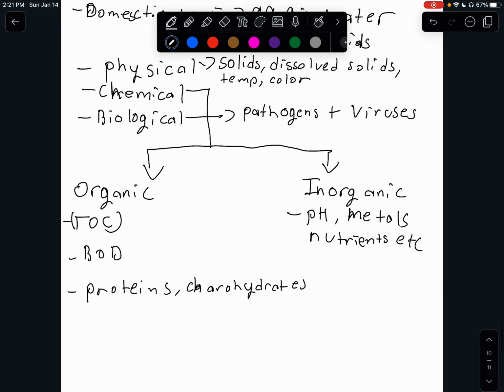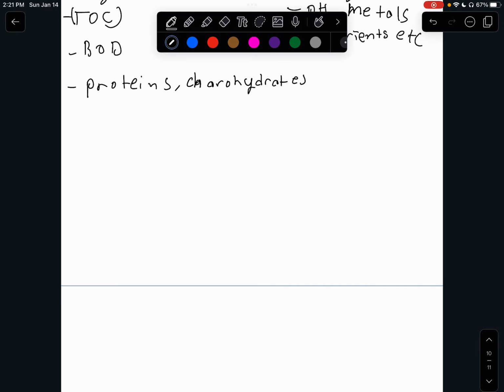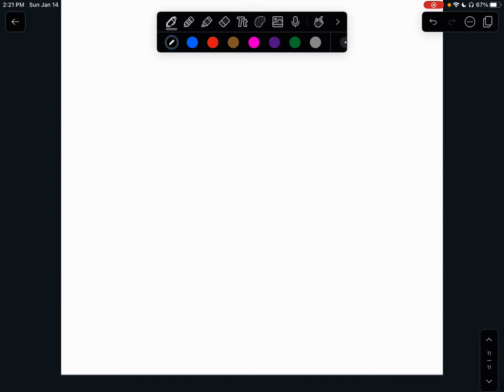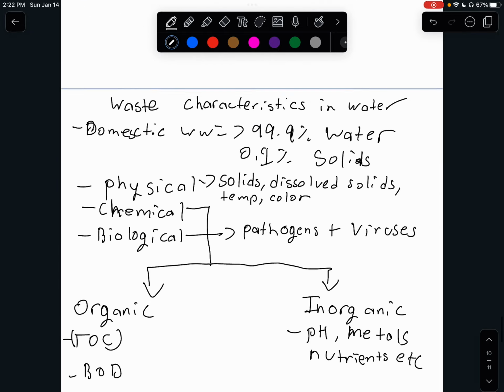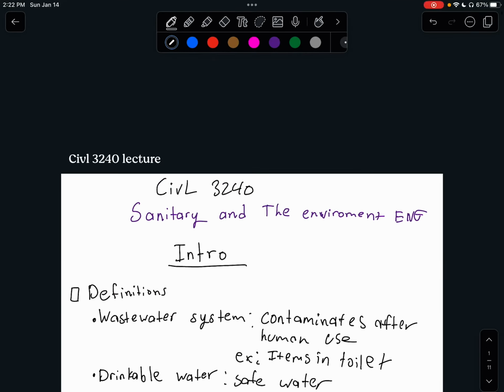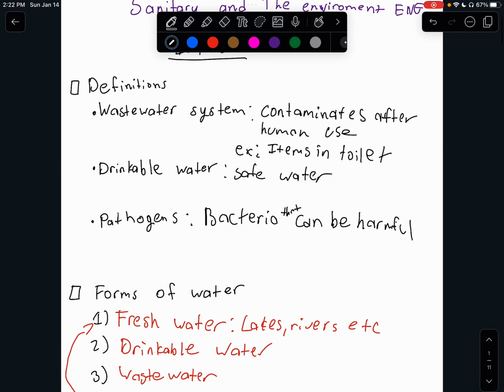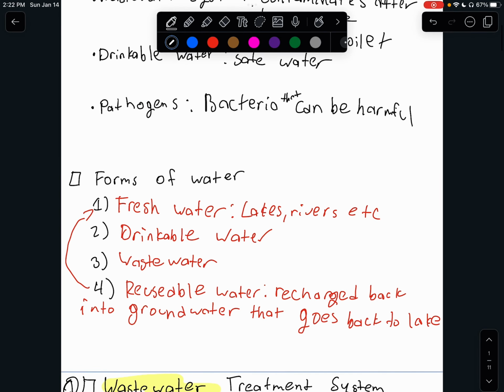Awesome. So as we just defined all three, as we keep going down, we can characterize more stuff and keep going through different things, the type of characteristics, right? Total suspended solids, our bio-oxygen demand, and stuff like that. So for now, we're going to leave it at that. As we talked about today, so if we scroll up, a little bit of review, we defined different types of forms of water.